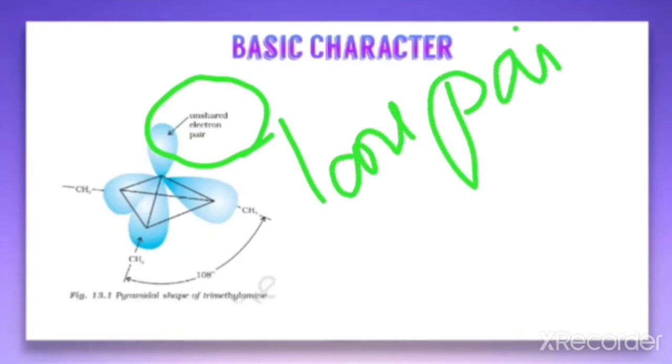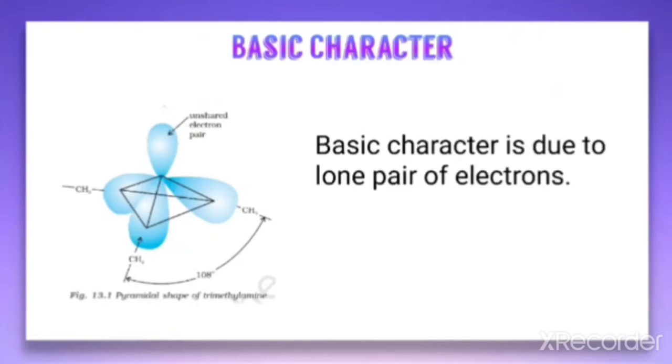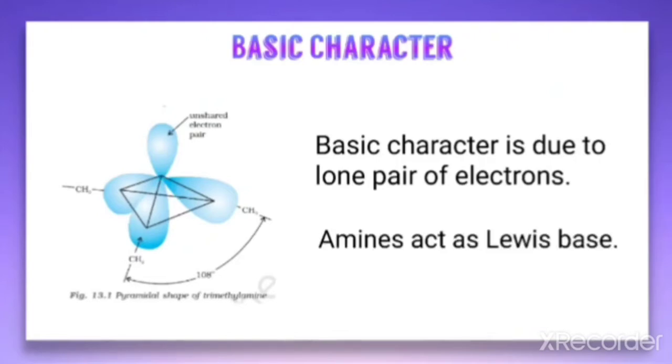Because there is a lone pair on the nitrogen in amines, it can easily donate this lone pair to the electron deficient species. So the basic character is due to the lone pair of electrons present on the nitrogen. It can easily donate the lone pair of electrons to the electron deficient species. Therefore, amines act as a Lewis base.